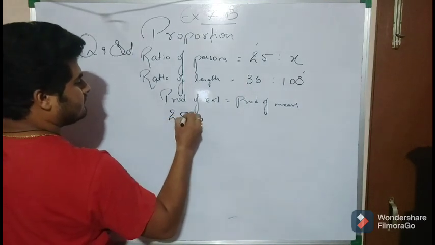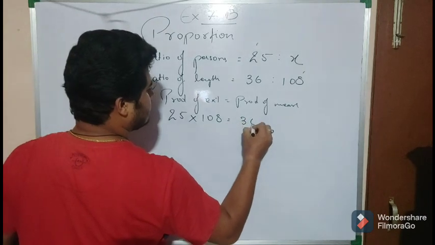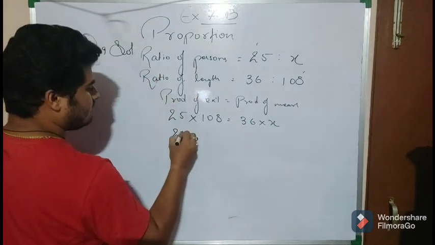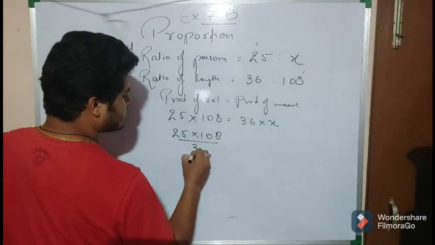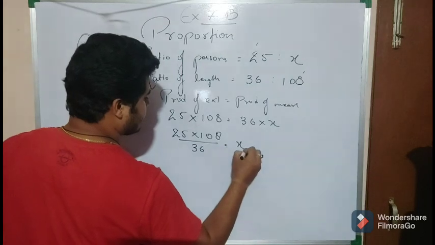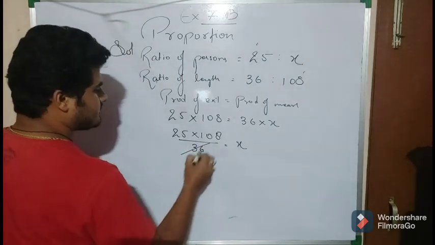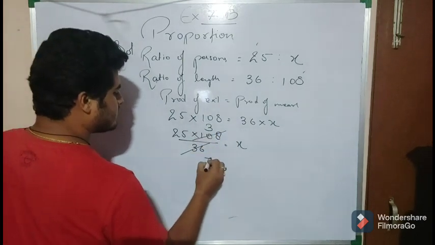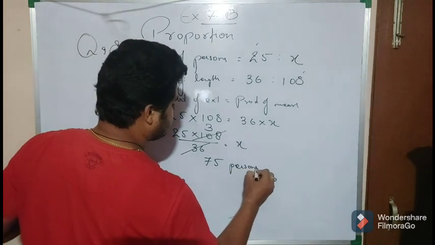So 25 multiplied by 108 is equal to 36 multiplied by x. So 25 into 108 upon 36 is equal to x. Now 3 times 36 is 108. So 25 times 3 is 75. 75 persons will be required.